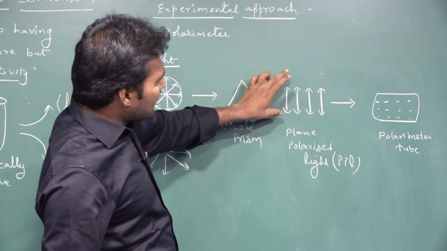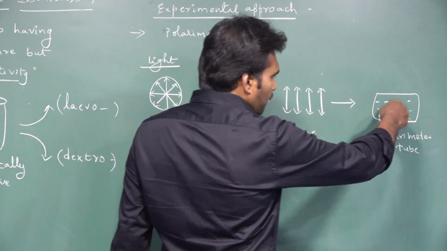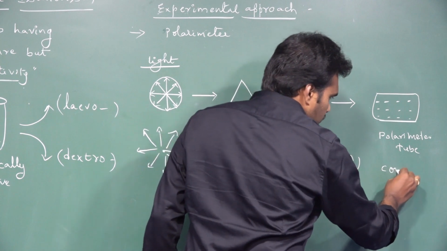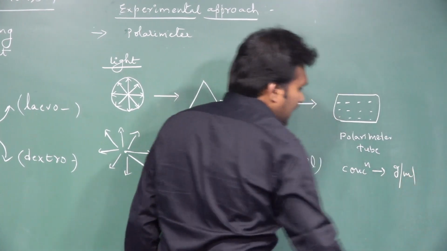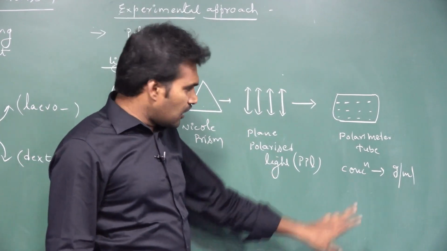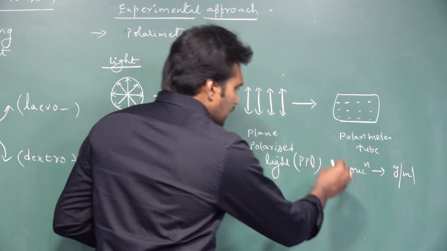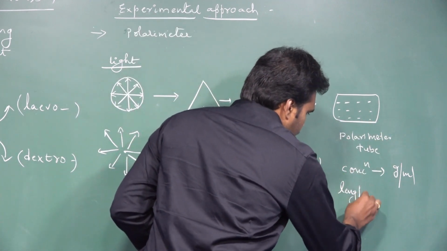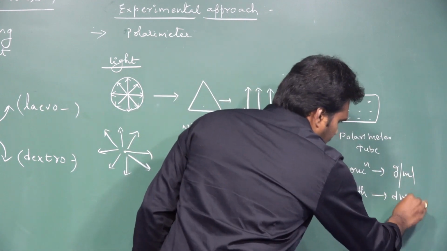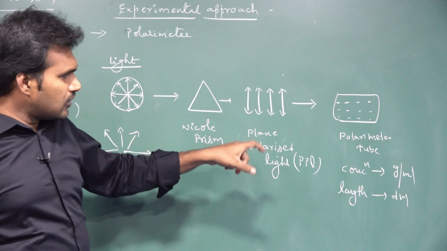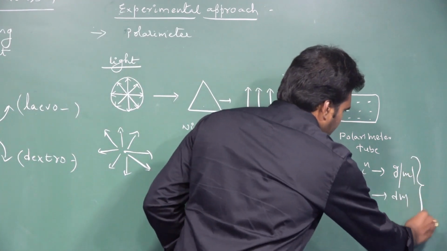Remember that the concentration of this solution should be expressed in gram per ml. In which units should the concentration be expressed? Gram per ml. And the length of this tube should be expressed in decimeters. So these two units we should maintain. Remember this in the case of the polarimetric tube.